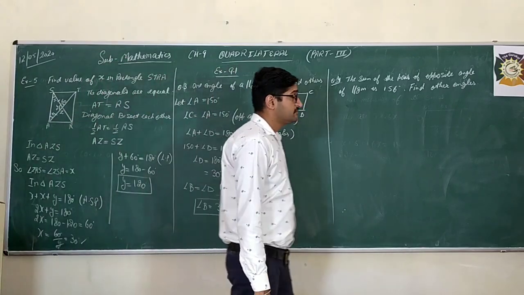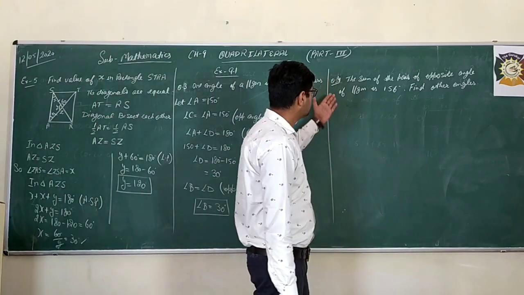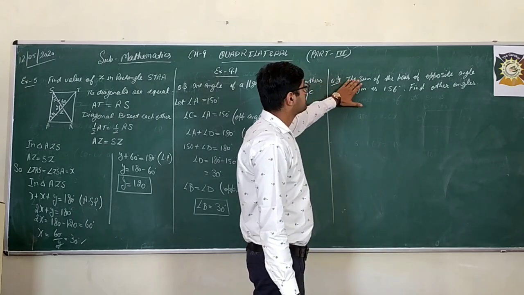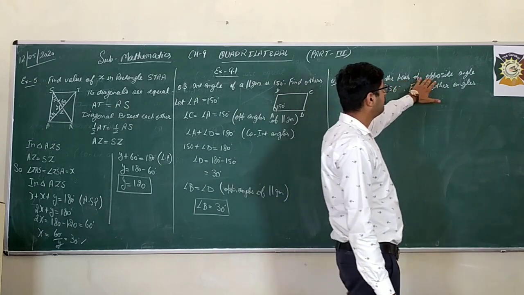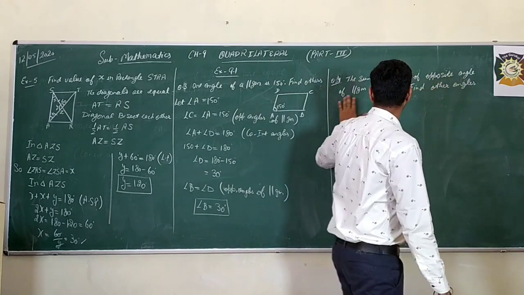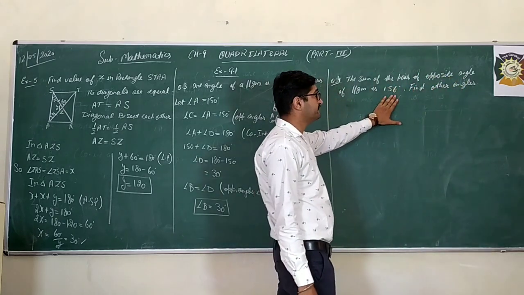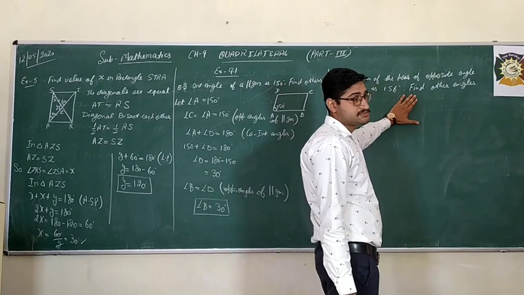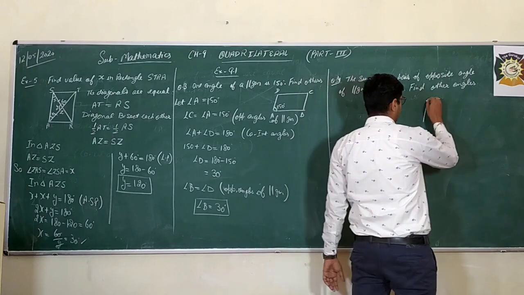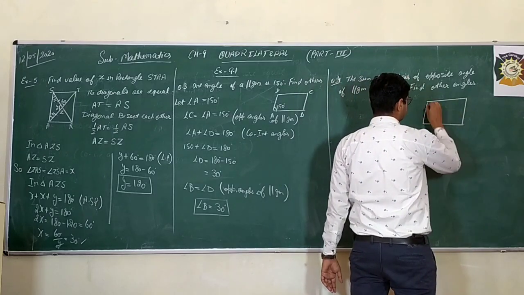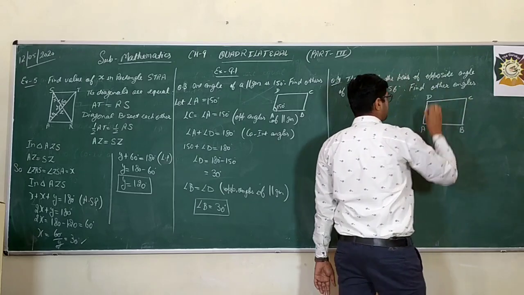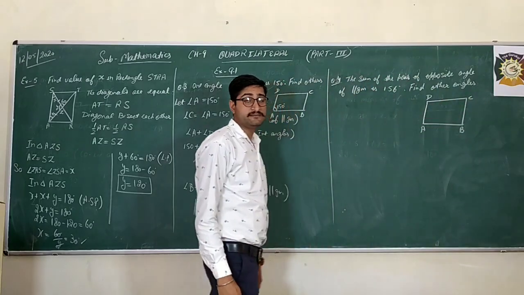Now let's take another question. That is question number 4 of exercise 9.1. The sum of the pair of opposite angles of a parallelogram is 156 degrees. Then find the other angles. Again, we draw a parallelogram. This is A, B, C, and D. Is it clear?